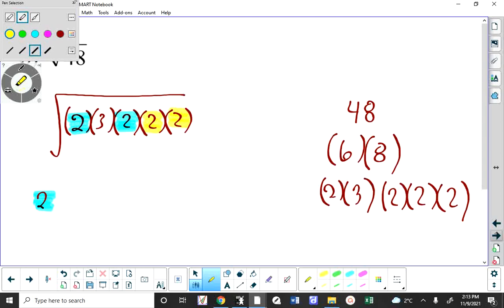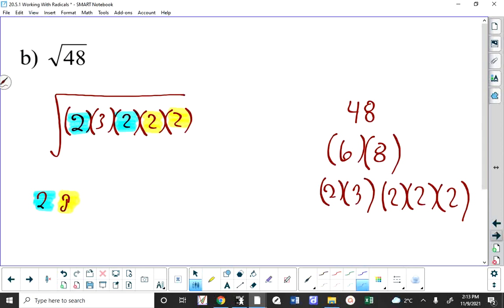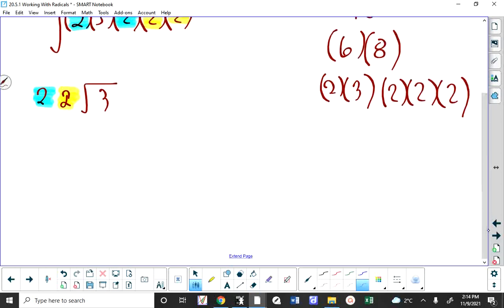So in my next step, I'm going to write a single 2 outside of the radical. Now what do I have left? Well, the 2 blue 2's are gone. The 2 yellow 2's are gone. I'm left with 3. And I can simplify this by taking these 2 2's that are outside of the radical and multiplying them and get 4 root 3.